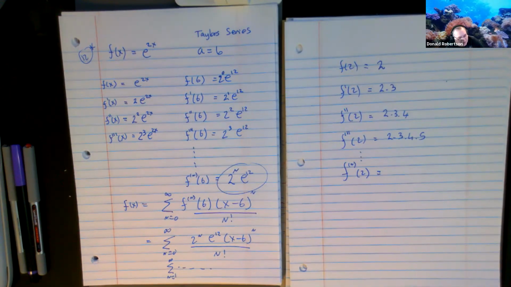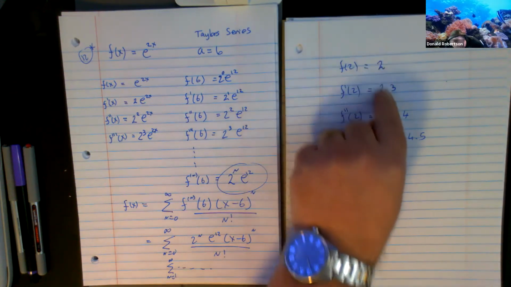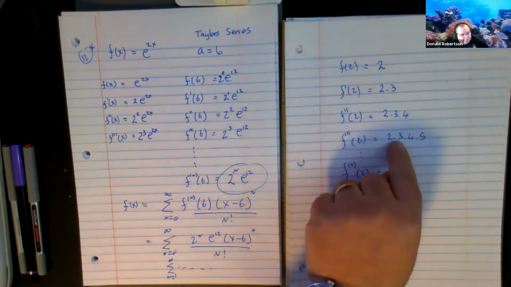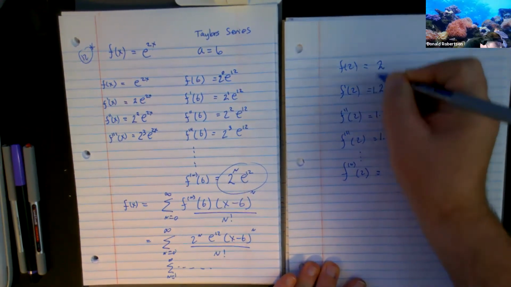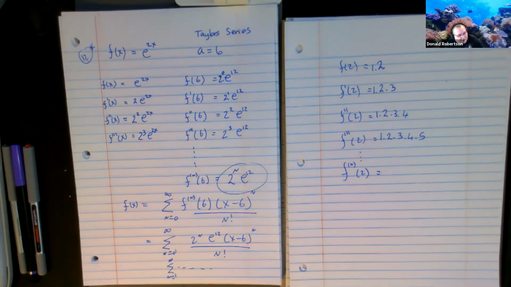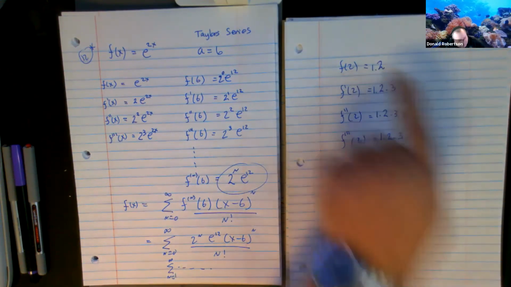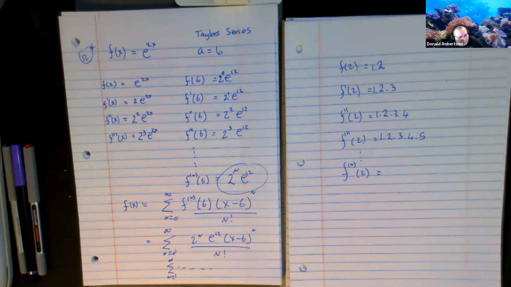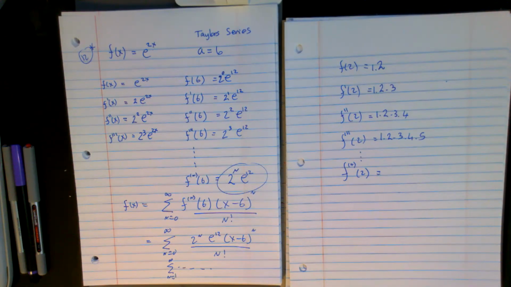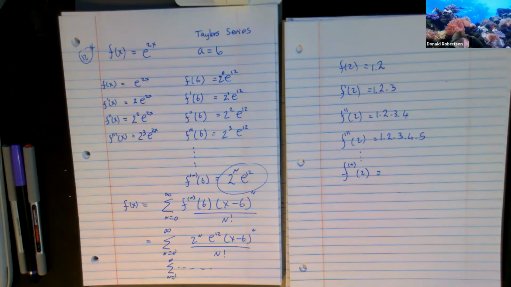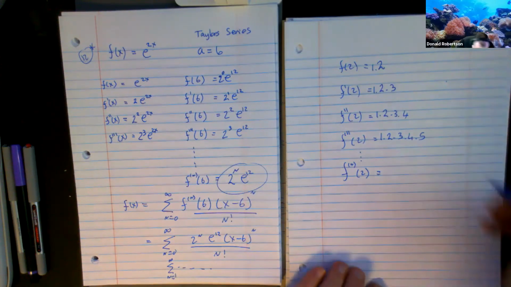So we have to be able to recognize certain things. Do you recognize who this guy is? And if it helps, I'll stick a 1 at the front. Do you recognize it a little bit better now? Who are these guys? N plus 1 factorial. Oh, well, you're right about the factorial.